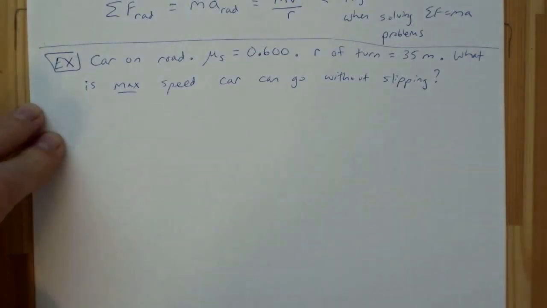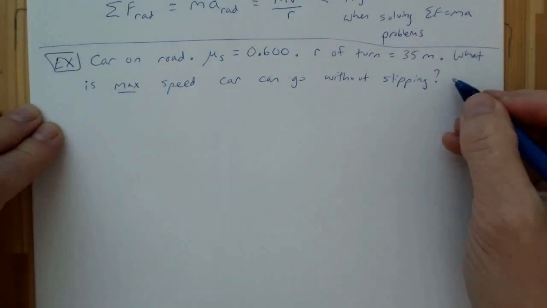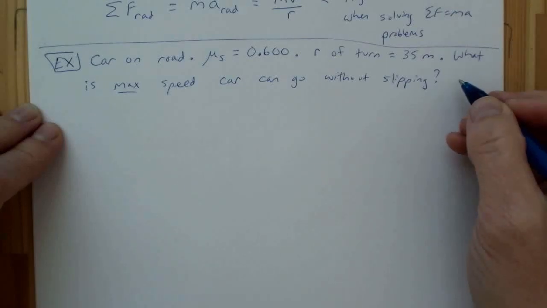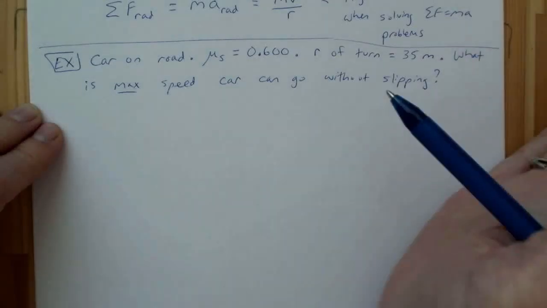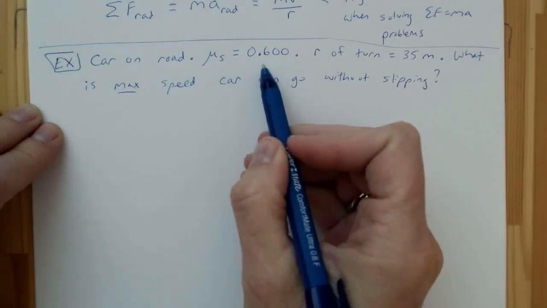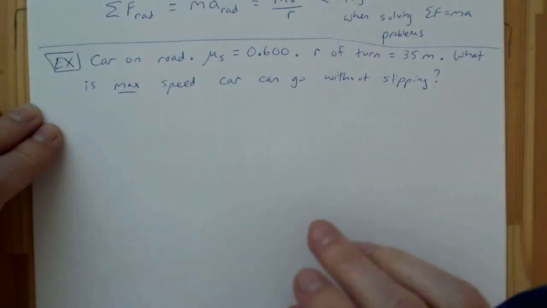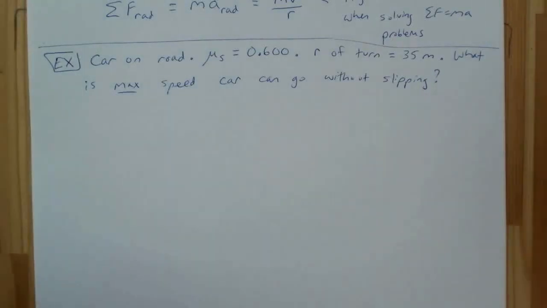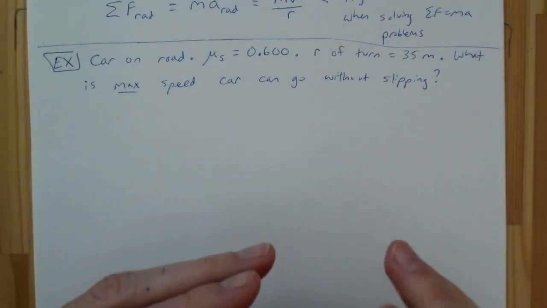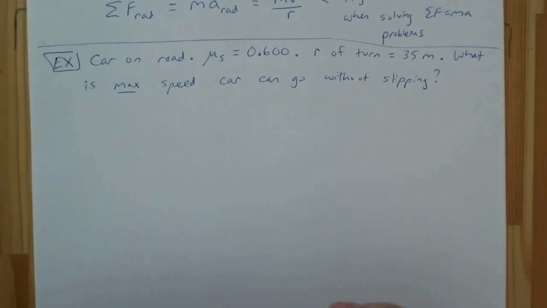If you imagine this conceptually, if you drive fast enough around a turn, the car is not going to be able to make that turn. The force of friction is static friction, even though the wheels are rolling and moving, because the actual surface of the tire is not moving relative to the ground. There's no skidding motion.